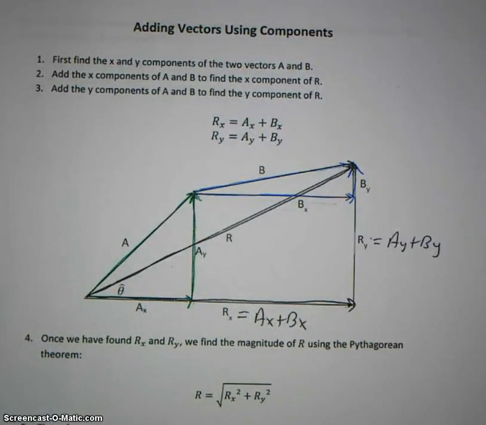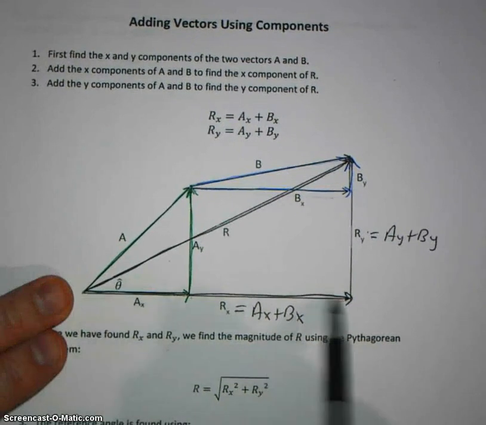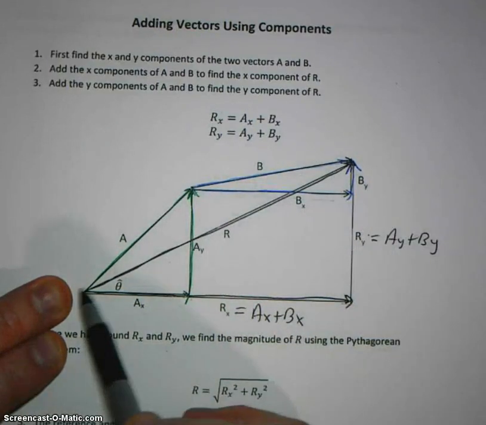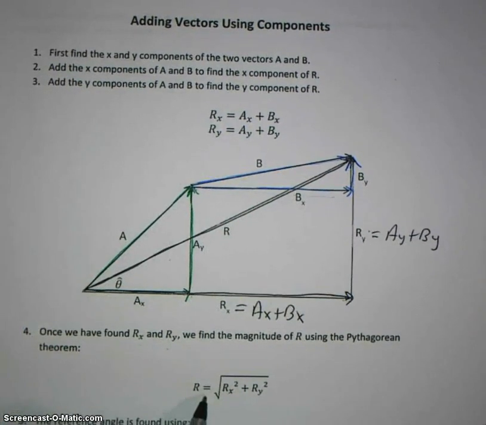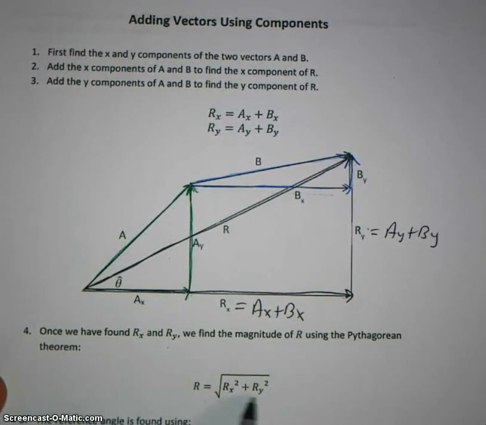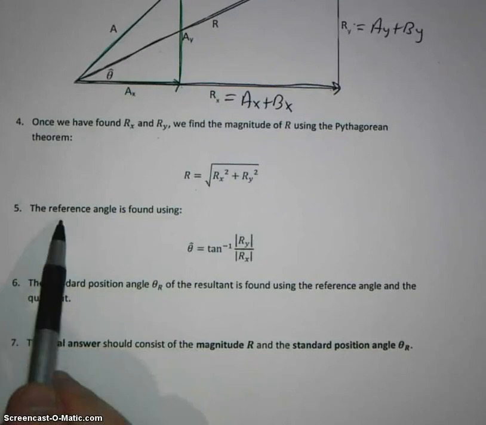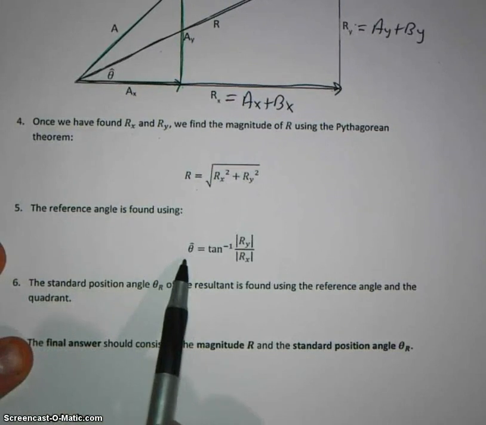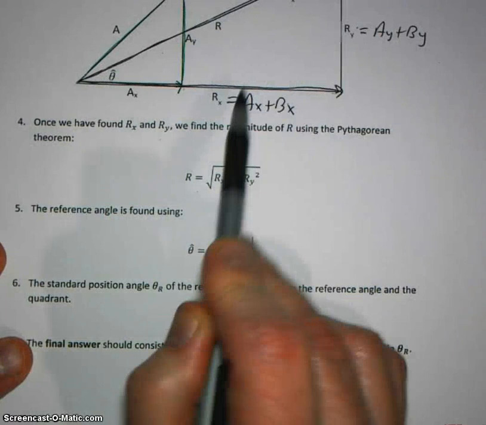Once we know Rx and Ry, once we know this distance and that distance, we can use the Pythagorean theorem to find this distance. So R is going to be the square root of Rx squared plus Ry squared. And then we need to find the angle. To find the angle, we can find a reference angle using tangent, because tangent of this angle would be y over x.